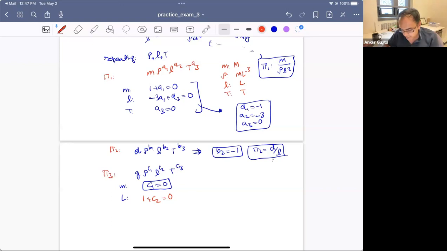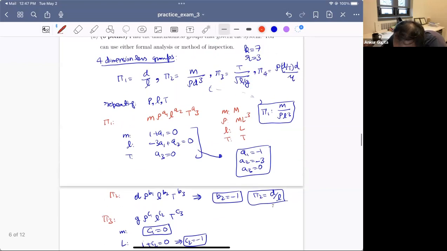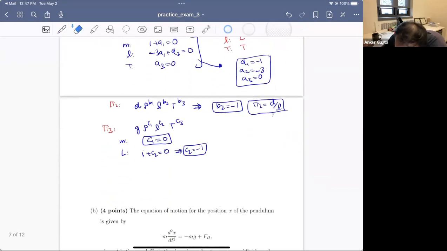So we get this. Just to be sure, this is meter per second square, and so meter, yeah, so 1. And then length is simply 1 plus C2 is equal to 0, which implies C2 is equal to minus 1. And then I have time. So the time one becomes, meter per second square, so T to the minus 2.